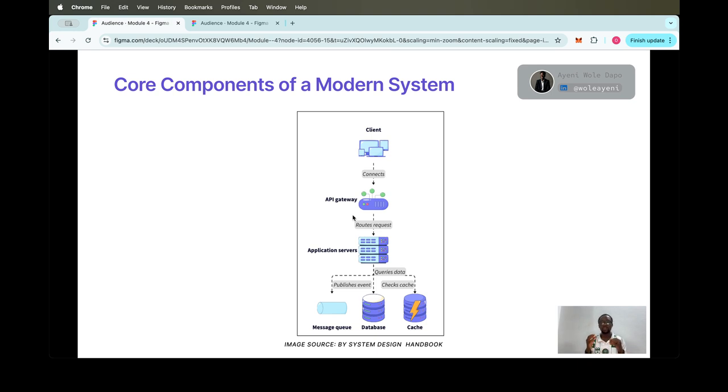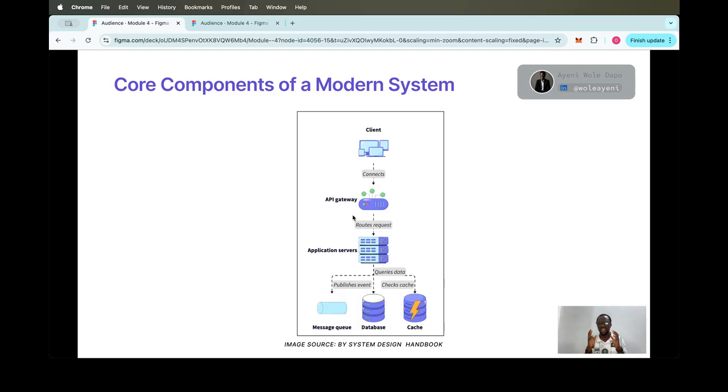Take for instance, you're trying to make a transaction. The API router looks at the nature of your request, the payload, the information, the URL, and it sends that request to the transaction service or transfer service. It doesn't send your transfer-related request to a profile management service. The API gateway is responsible for ensuring your request gets to the right application.